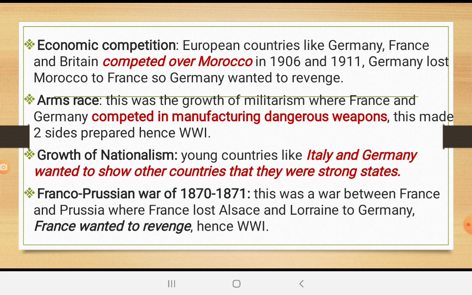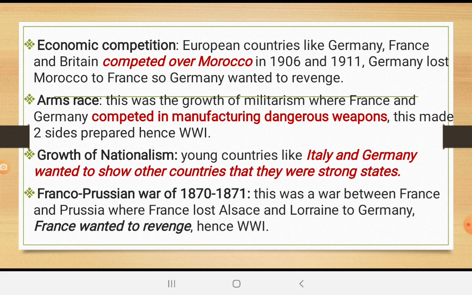Next, arms race. This point can also be called militarism. Arms race is the competition in manufacturing dangerous weapons, between the Triple Alliance and the Triple Entente.